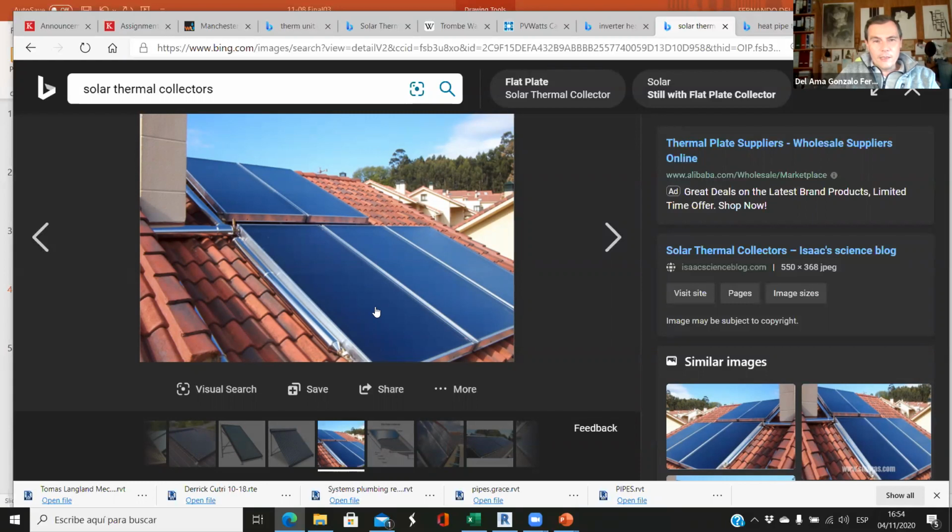Why don't we use this in New England? Because if you look at the roofs of the houses around the college, we don't see this kind of solar thermal collectors. We have to heat up water, and it's cold outside, so the water that runs through these pipes can freeze, and if it freezes, it expands and then it collapses.